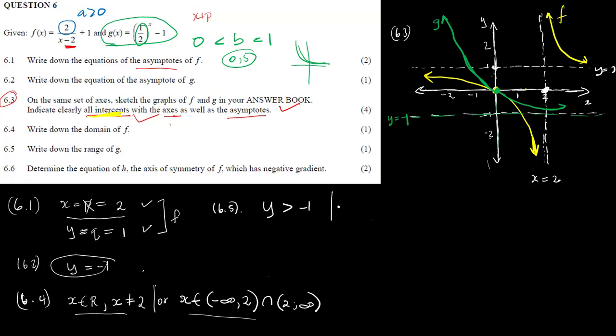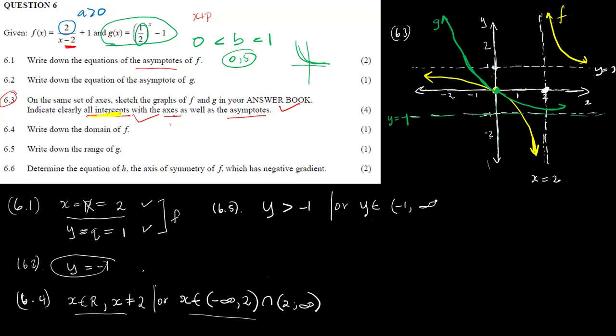Or if you don't want to use this notation once again, you can use set builder notation. You can say y is an element of, you start from -1, but you use your round bracket because you are not including -1, to positive infinity.